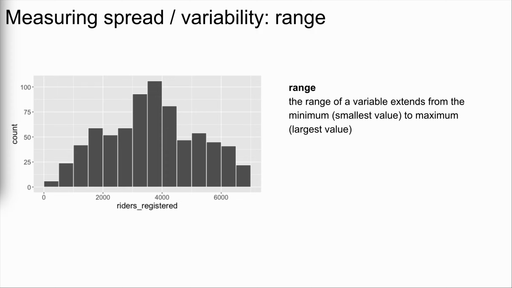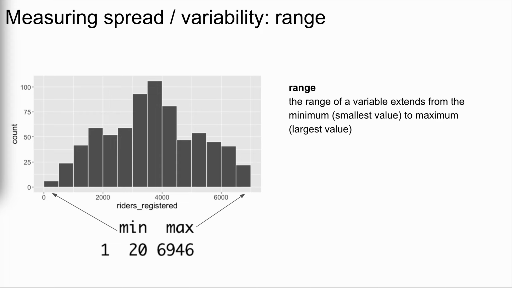There are also various approaches to measuring the spread or variability in ridership from day to day. A quick summary is provided by the range of values from the minimum to the maximum. In the bikes data, we observed as few as 20 riders per day and as many as 6,946 rides per day.